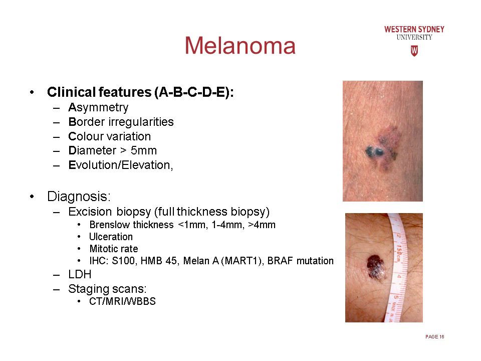Their color changes. Their diameter tends to be more than 5 millimeters. And finally, there's E for evolution. There's a change in the appearance, the size, the color, or elevation when it starts from the flat phase to the vertical growth phase where it develops thickness.